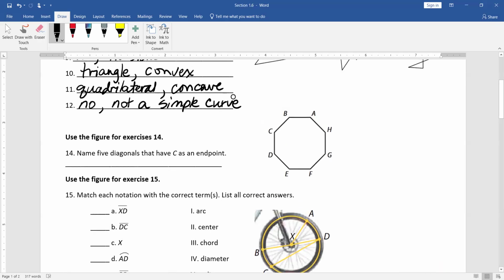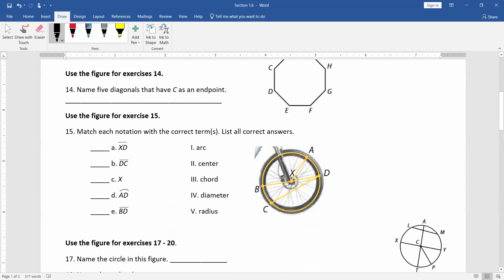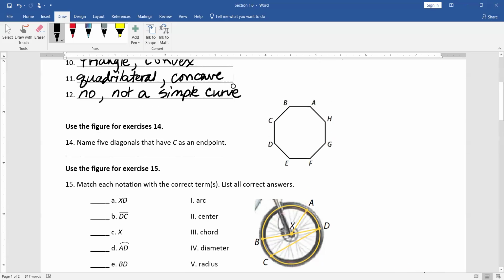Number 14 actually applies to the picture that you have on your paper, which is what I have next to it here. For 15, A through E, you don't have that picture. So just do your best to draw that circle with the center X and points A, B, C, and D with the appropriate lines. I will be going over it in class tomorrow for the other ones. I do apologize for that.